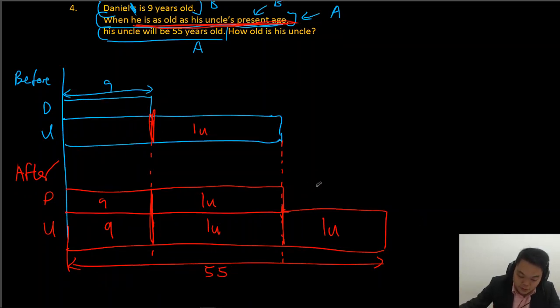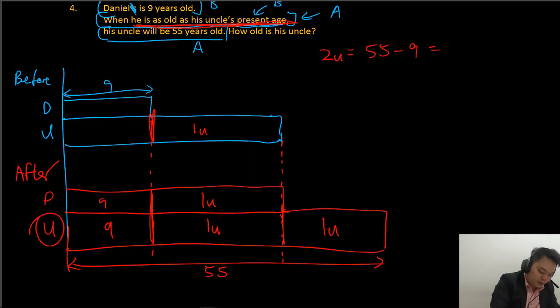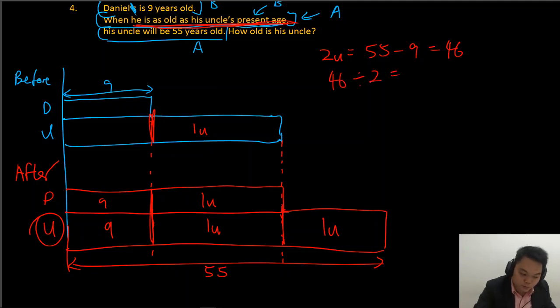Once we are able to represent this, we can now focus on the uncle over here. This will just be 55 minus 9. We can say that 2 units will have a value of 55 minus 9, 46. 46 divided by 2 to give you 23.